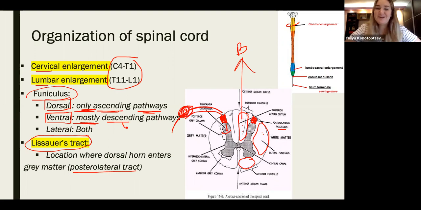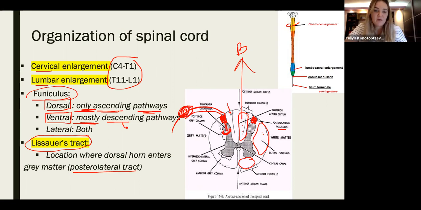But you can see that they're a bit different. The ones which are here are a bit different. The axons which are meant to synapse with the interneurons in the dorsal horn have to be present in Lissauer's tract. The axons which aren't synapsing with the interneurons in the dorsal horn, but still entering in this area, could be present in the posterior funiculus.